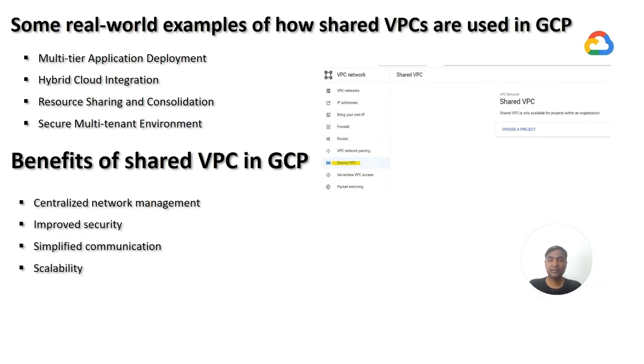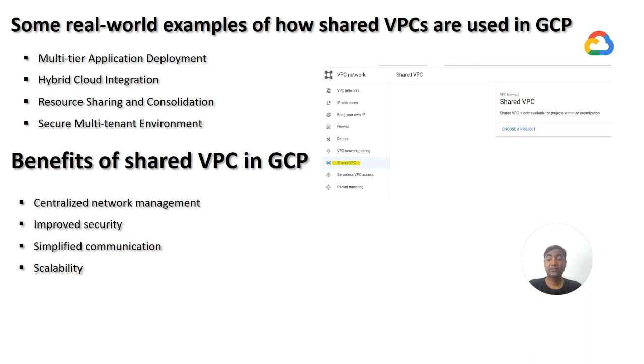Now I'll guide you through some real-world examples of how shared VPC is used in GCP, like multi-tier application deployment, hybrid cloud integration, resource sharing and consolidation, and secure multi-tenant environment. Guys, in multi-tier application deployment, imagine you have a complex web application deployed across multiple GCP projects.